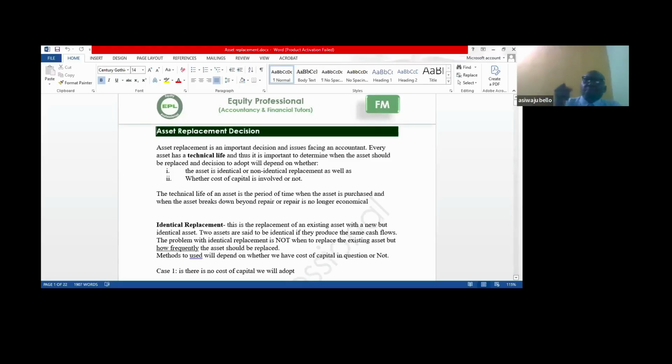Reduction in production efficiency will affect the quality and quantity of the product produced. And that can affect the earnings capacity of the business. So we must determine the appropriate time that the asset should be replaced.